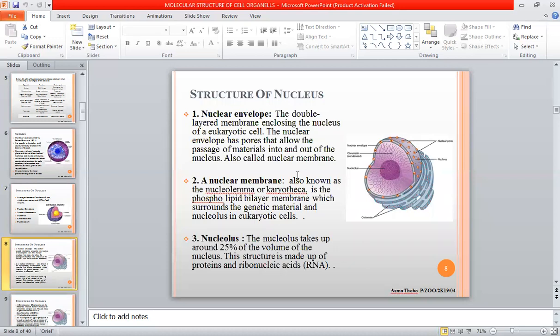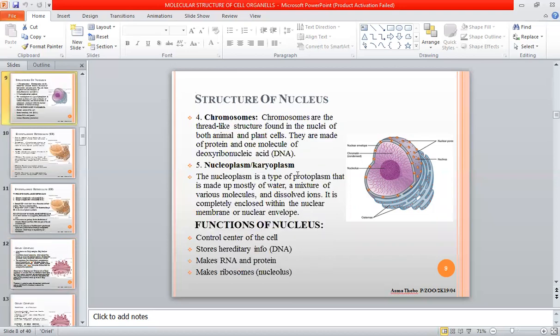Inside the nucleus there is a rounded body called the nucleolus, which occupies 25% of the volume of the nucleus and is made up of protein and RNA. Chromosomes are thread-like structures found within the nuclei of both animal and plant cells. They are made up of protein and molecules of DNA.